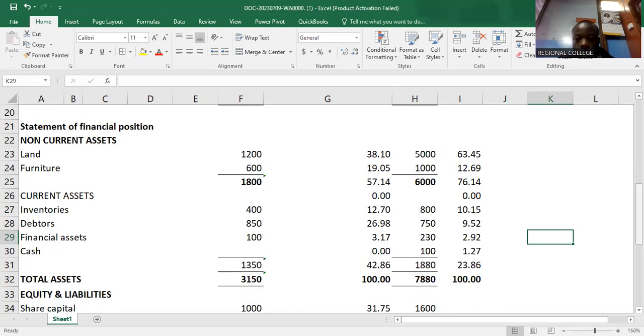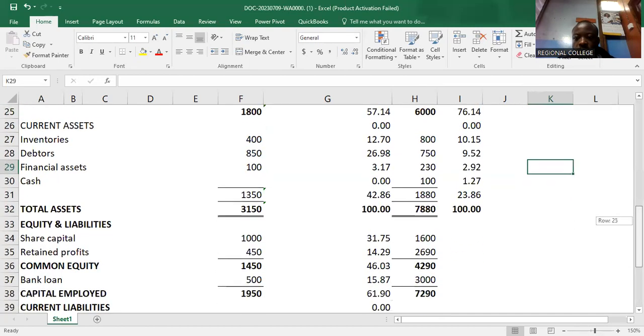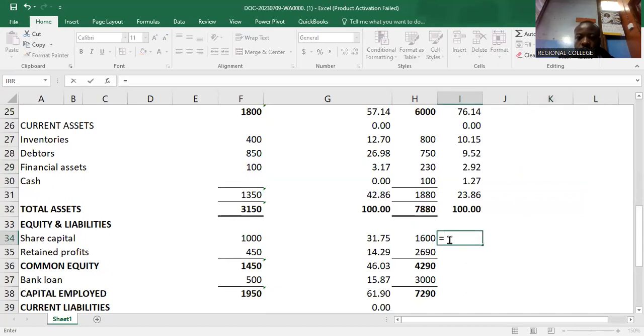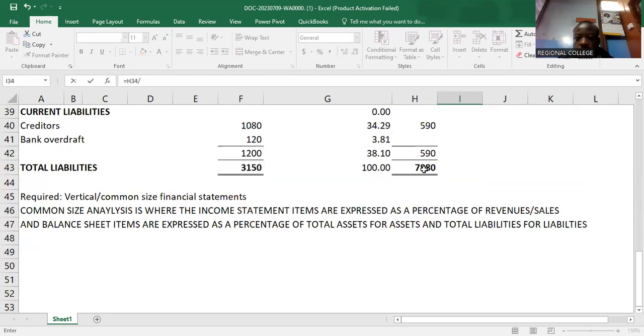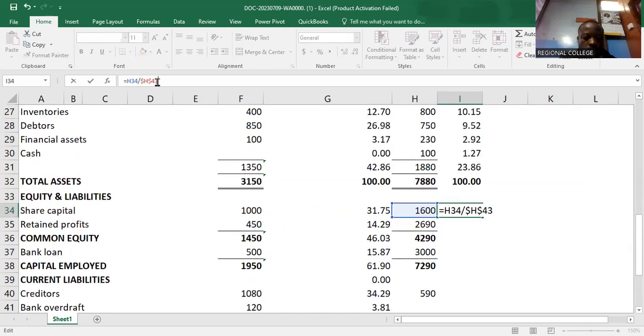assets. Then we repeat again for our liabilities. So share capital divided by total. Then I lock it because it is recurring, with the F4 key. Then I multiply by 100.